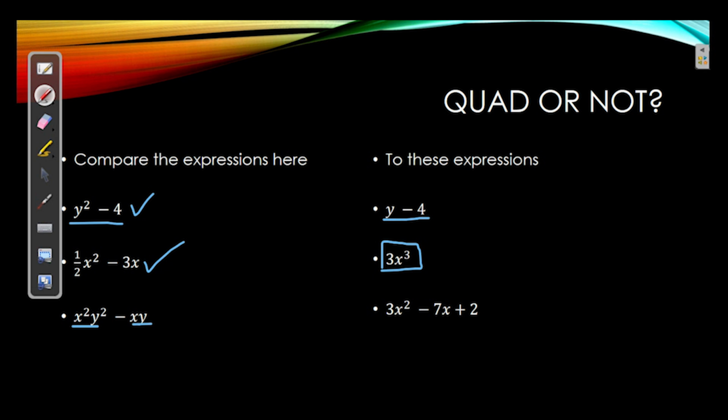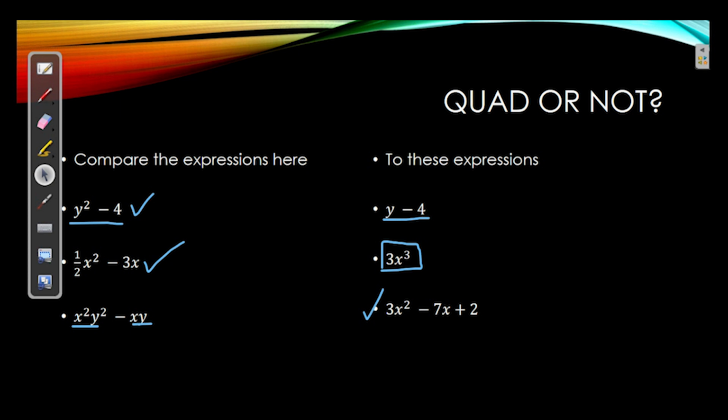This is not quadratic, okay? This one is. So we've identified our 3 quadratic expressions in these 6 expressions here, and we have used our understanding of quadratic expressions. We can logically validate which expressions are in fact quadratic and those which are not, right?